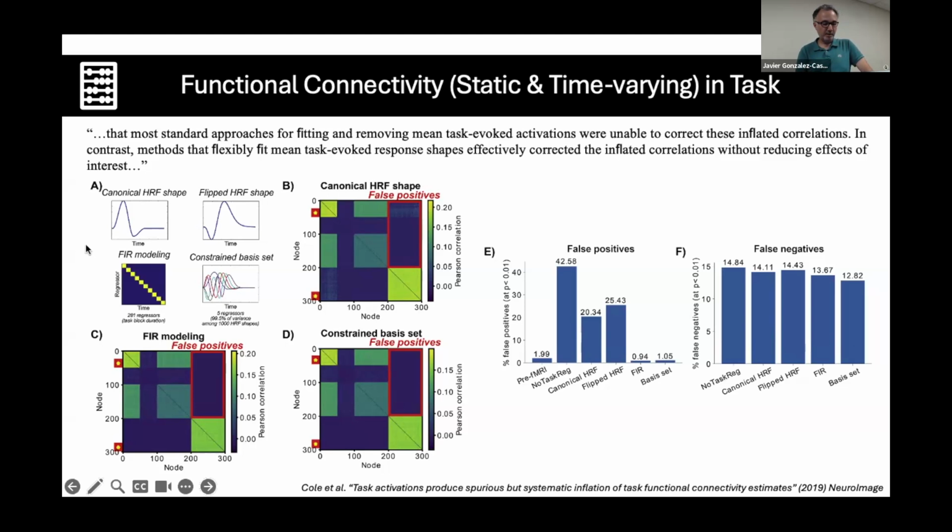So something like a finite impulse response model or a constrained basis set seems to work pretty well, as they show here, because basically, this inflation that I just saw in terms of connectivity that is present when you do nothing, you take part of it, but not fully when you use a canonical response. It seems to really go down when you use either this basis set or finite impulse response model, without really leading to a lot of false negatives.